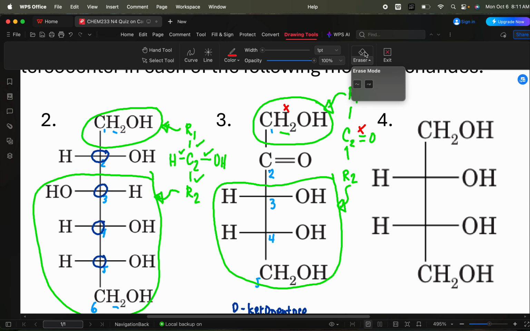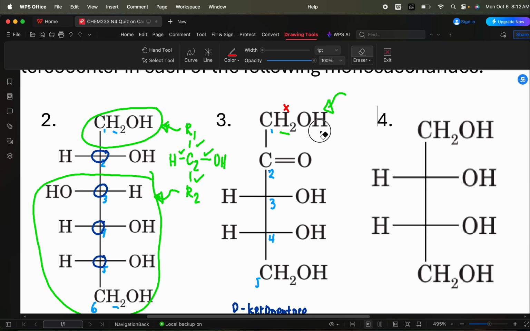For carbon number 3, so let me erase. So this carbon here, C3, is bonded with hydrogen at the left and hydroxide at the right.